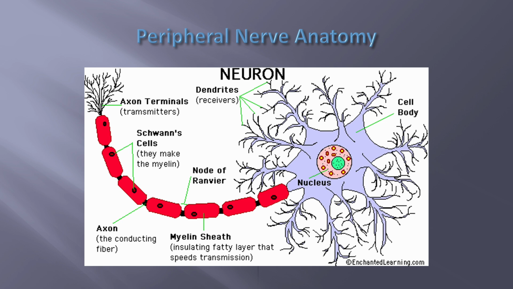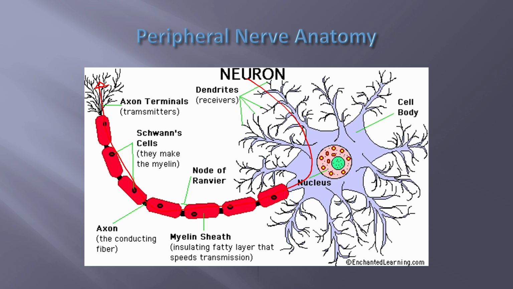Here's a picture of what a neuron looks like. Now, of course, there's several different types of neurons, but they're all going to have these basic structures. So dendrites that receive a signal. That signal comes in, it's processed, and then sent out the axon into the axon terminal to the next cell or to the effector organ.